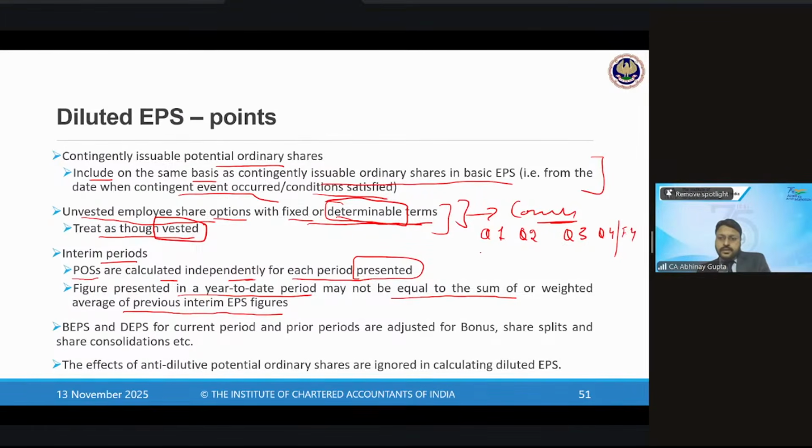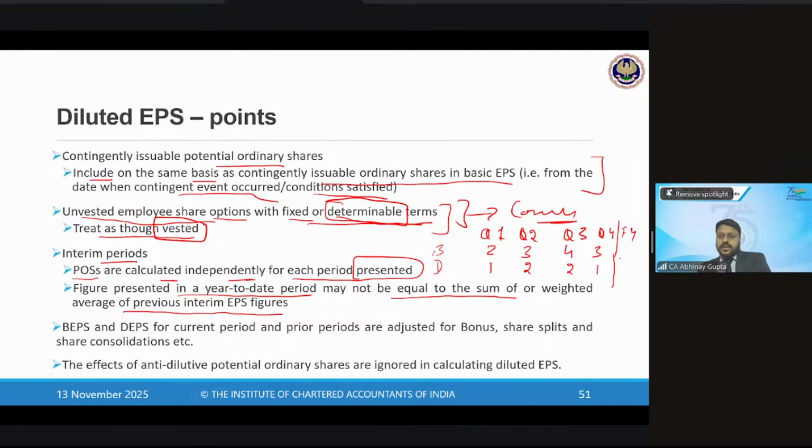In Q1, Reliance has presented basic and diluted earning per share of, say, 2 rupees and 1 rupee, then 3 rupees and 2 rupees, and say 4 rupees and 2 rupees, and suppose 3 rupees and 1 rupee, for these quarters.